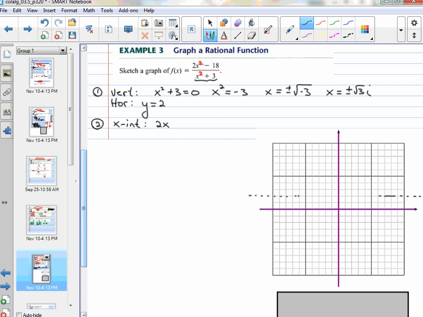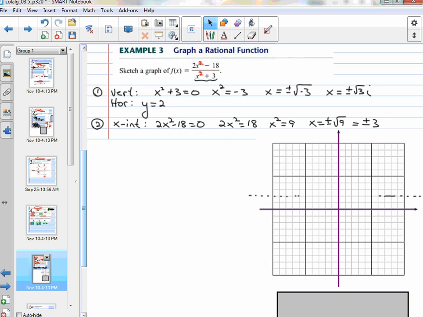So where is 2x squared minus 18 equal to 0? 2x squared equals 18. X squared equals 9. X equals plus or minus the square root of 9, which is plus or minus 3. I have 2 x-intercepts. A positive 3, my graph crosses, and a negative 3, my graph crosses.